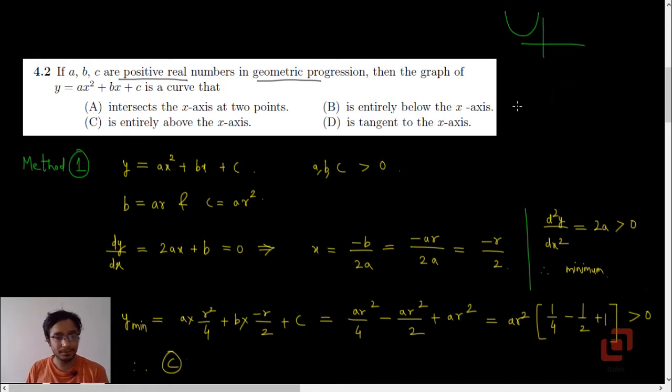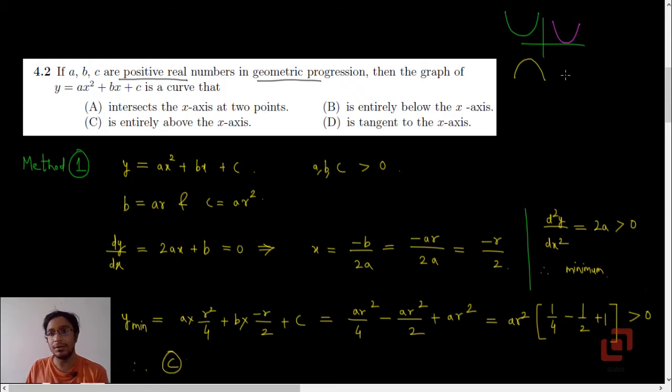Possibility 2, it will be tangent, or the x-axis will be tangential to the curve. Possibility 3 is entirely below the x-axis but may not intersect the x-axis, and the fourth one is it intersects the x-axis at 2 points.